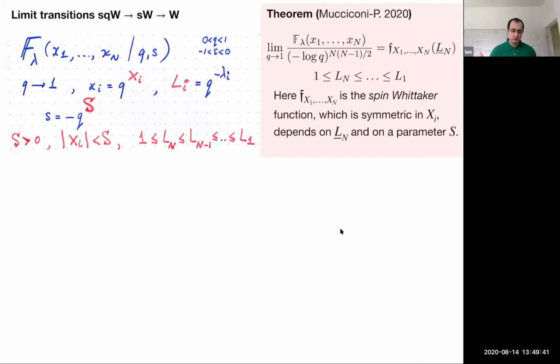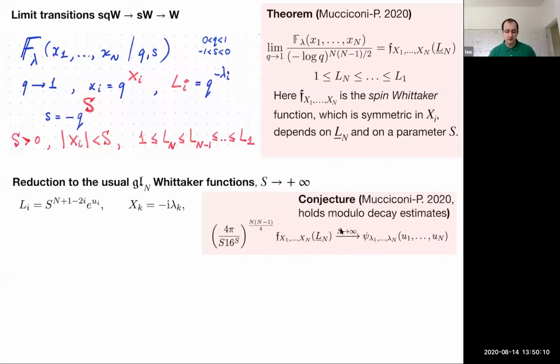We rescale the variables, we rescale the lambdas, we rescale the parameter s, and then we get a non-trivial limit. This limit depends on real xi's, real li's, and the real parameter capital S. Little s equals 0 corresponds to capital S going to infinity. So as capital S goes to infinity, we actually get the usual GL_N Whittaker functions.